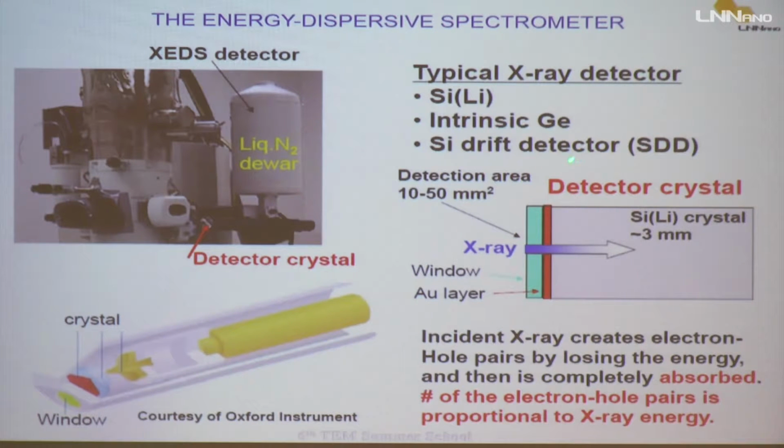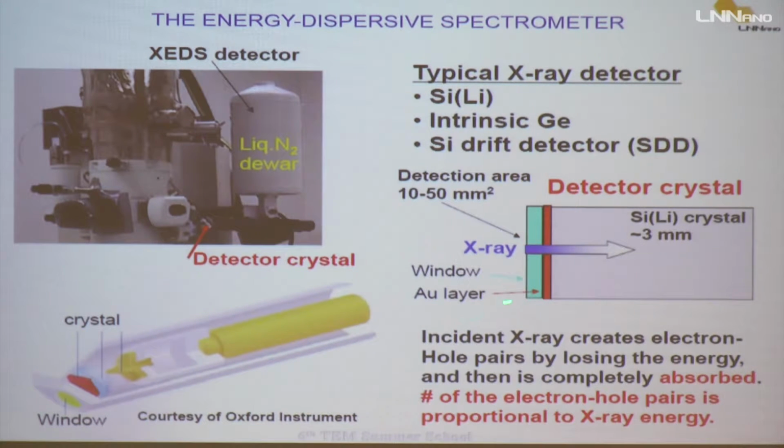Well, we have these typical detectors, this silicon lithium one. This is the most famous one, but now it's being more and more replaced by the silicon drift detector, the SDD. The intrinsic germanium is not quite common, okay?